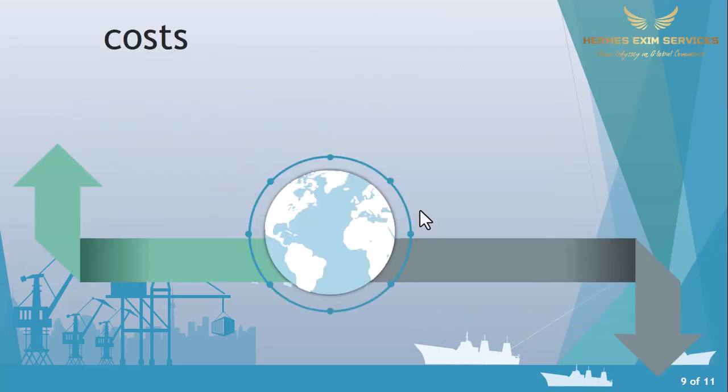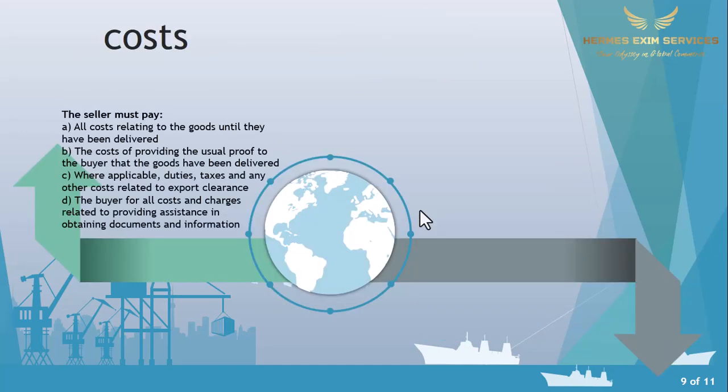Under FOB, the seller must pay all costs relating to the goods until they have been delivered, other than those payable by the buyer. The seller must pay the costs of providing the usual proof to the buyer that the goods have been delivered. Where applicable, the seller must pay duties, taxes, and any other costs related to export clearance.